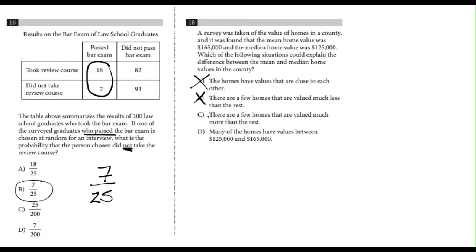So it can't be B. C is exactly what I just said. There's a few homes that are valued much more than the rest, which sounds like the right answer, but we'll see. Answer choice D, many of the homes are valued between $125,000 and $165,000, which is not true. So the answer will be answer choice C.